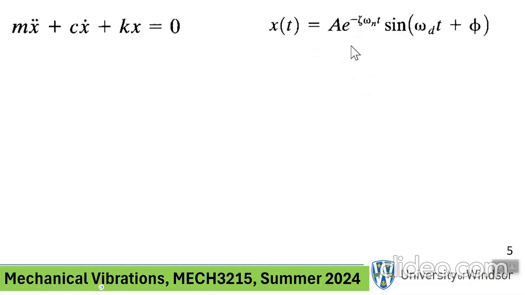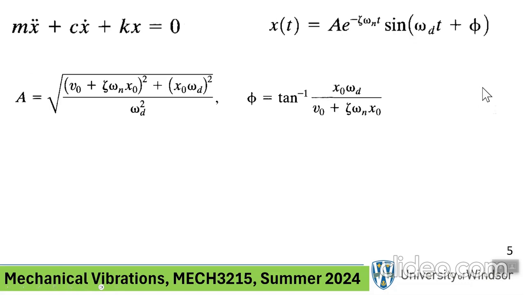But we don't know what A is, what omega d is, or what this phi is. Don't think that this A is the same A that we got in lecture 2, because there was no damping present. There was an expression for A, but this A is not that same A. And this phi, the phase angle, is also not that same phase angle.